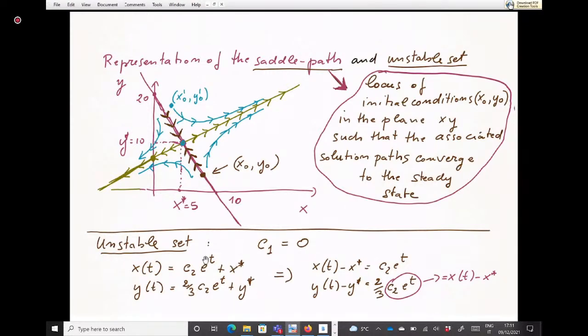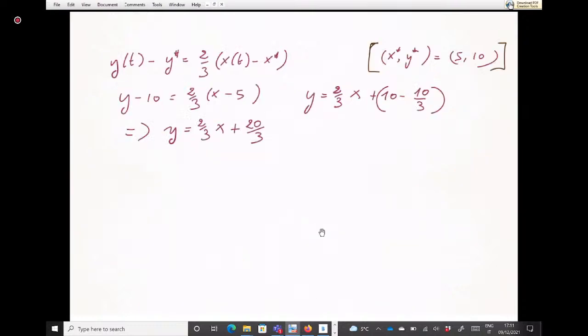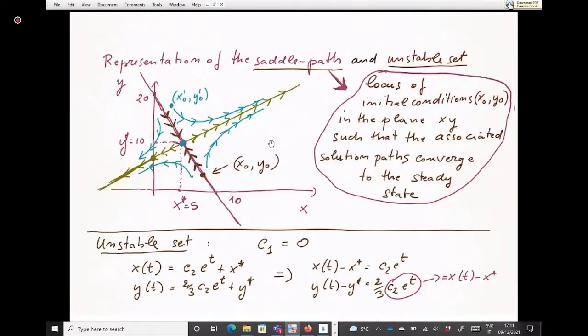Move X star and Y star to the left again. Okay? So you see that Yt minus Y star is 2/3 Xt minus X star. Replace, and you have another straight line. Y is equal to 2/3 X plus 20/3. Look what happens here.